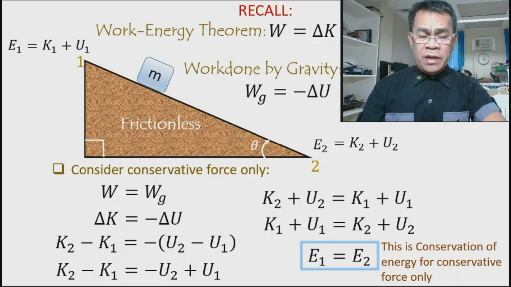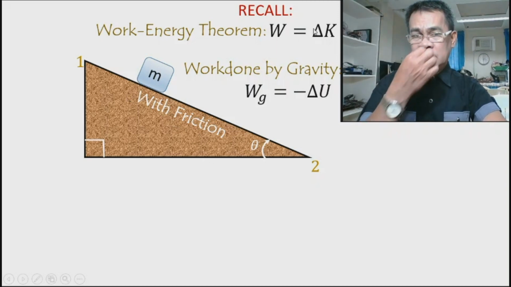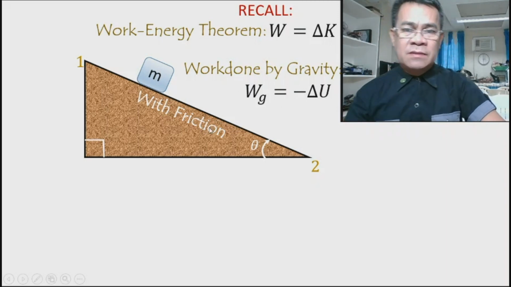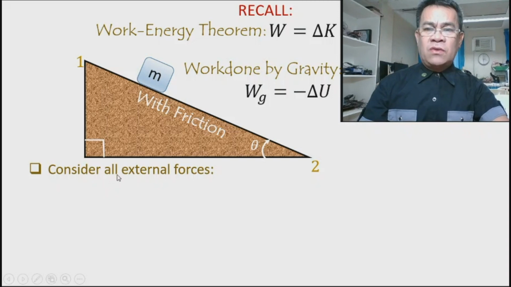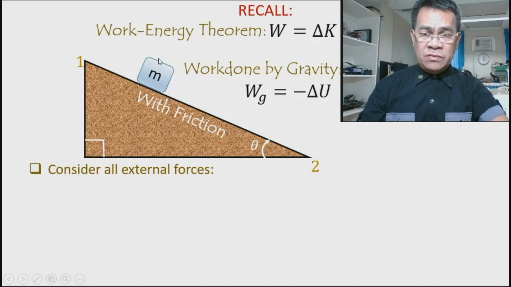Now what will happen if we consider all external forces on the object? What will be the conservation of energy? This time we will consider friction. This is with friction. Still, we can use the work-energy theorem, the work done by gravity, or the work done by the elastic force.